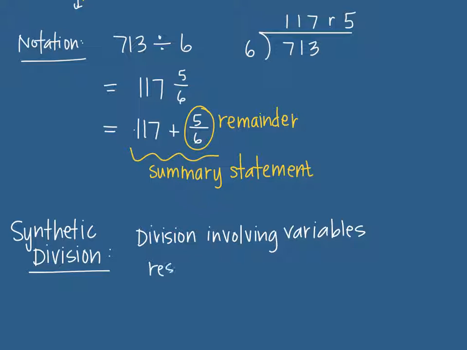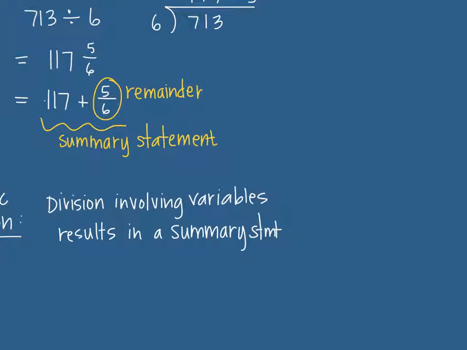And it results in a summary statement and a remainder. Okay, you get a summary statement at the end plus a remainder, and those have variables in them too.